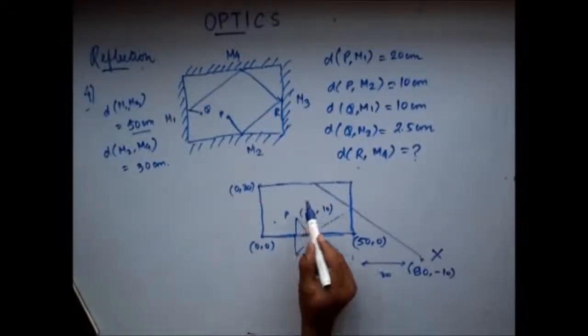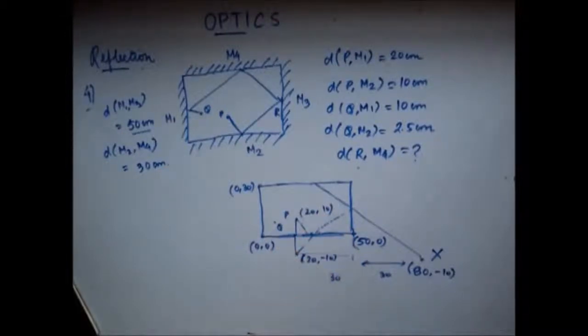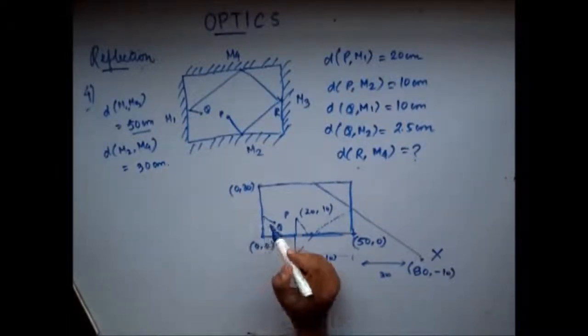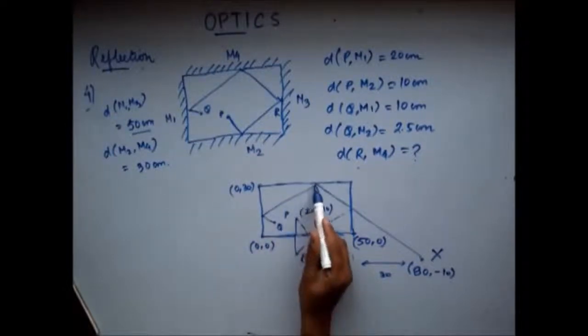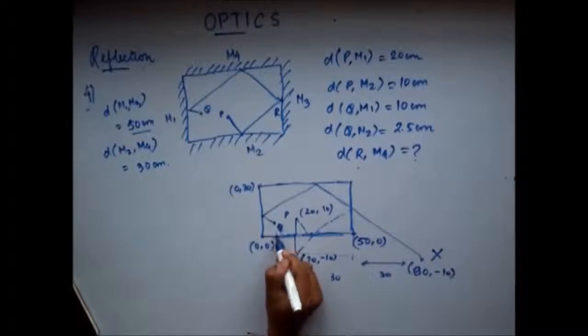Now it was said that the ray after reflection passes through point Q. If I use the principle of reversibility, if my object was at this point, then it would have traced the same path. So let's assume that this is my object.